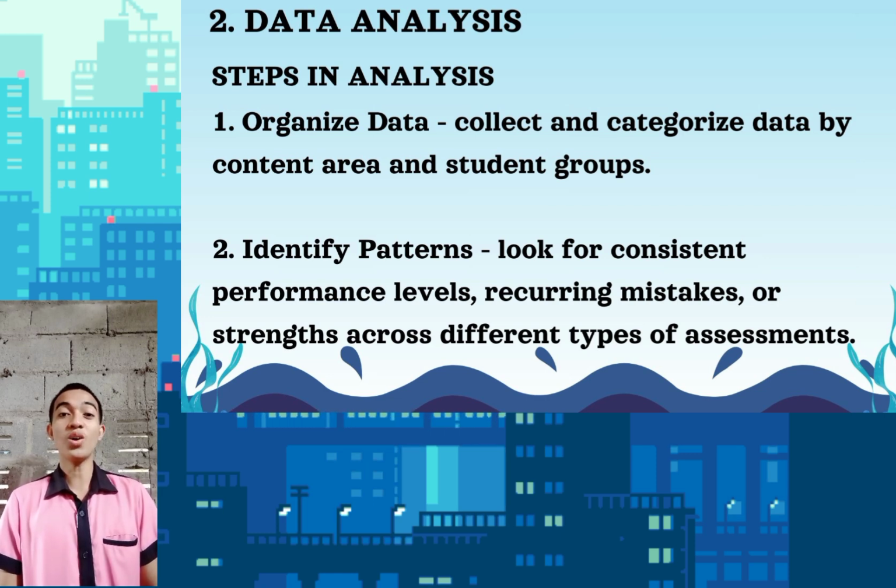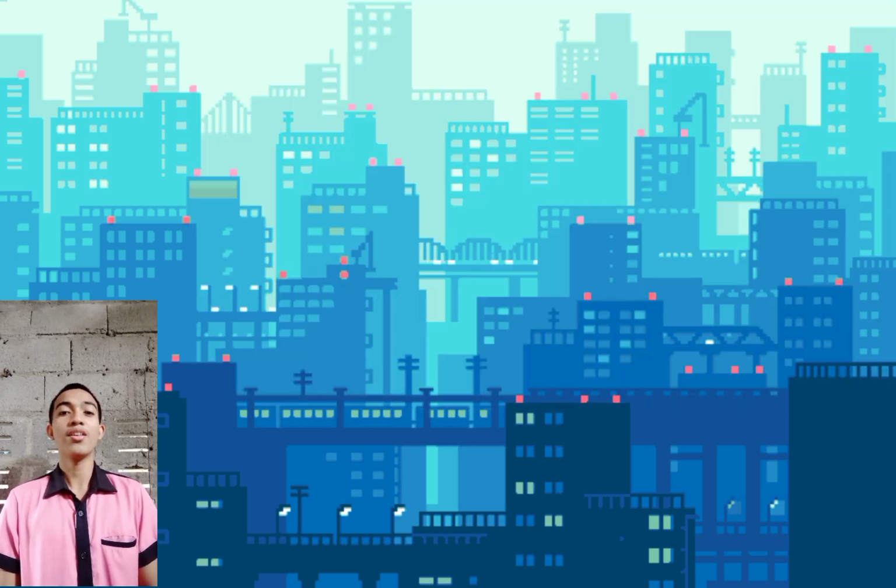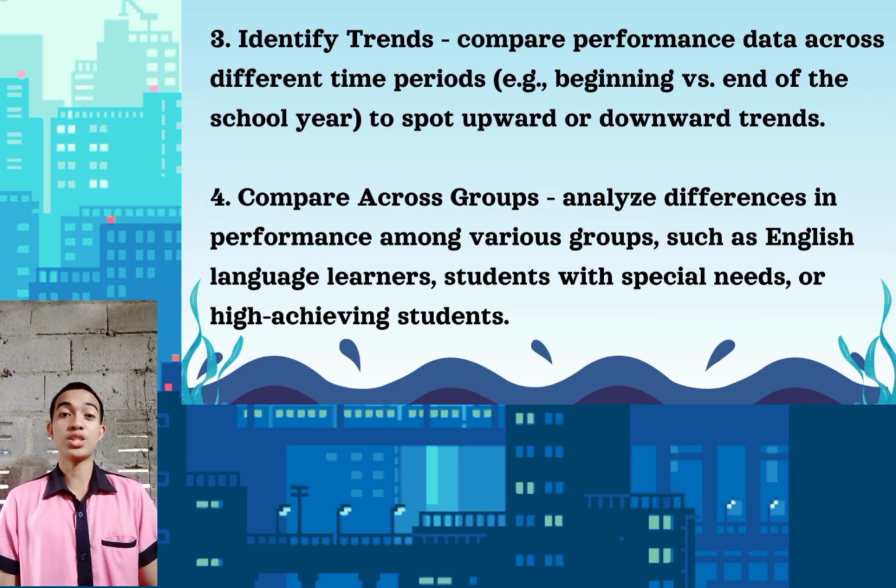So there are four steps in analyzing the data. First is organize data. You have to collect and categorize data by content area and student groups. Next, identify patterns. You have to look for consistent performance levels, recurring mistakes, or strengths across different types of assessments. Third, identify the trends.